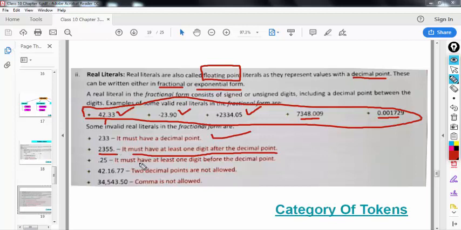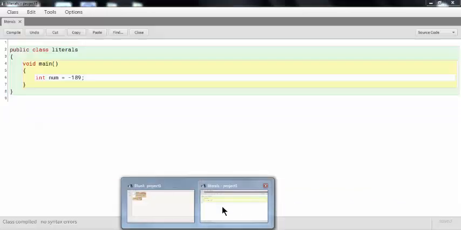Third point is that you must have at least one digit before the decimal point. Fourth one is two decimal points are not allowed, and the fifth one is comma is not allowed. So let us see the practical example for all these points here.